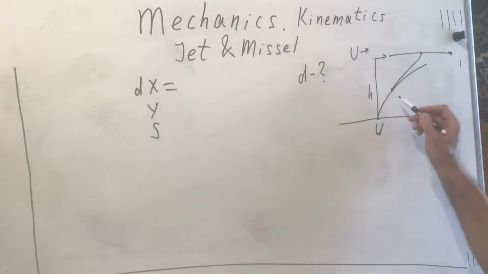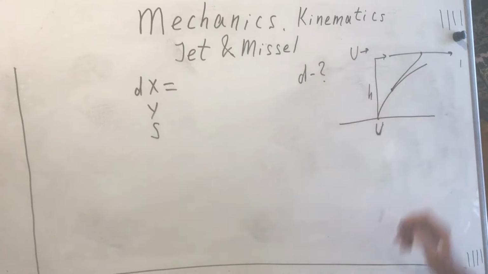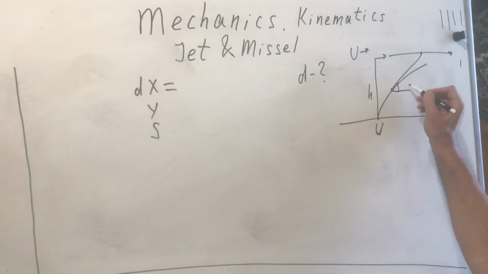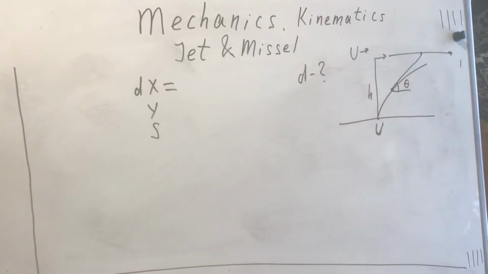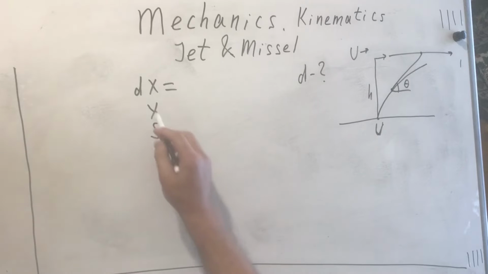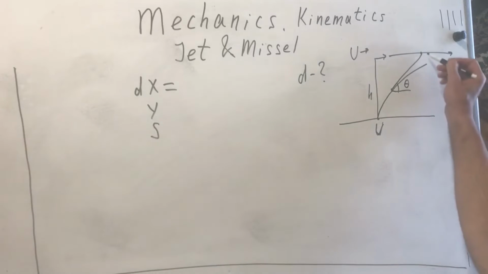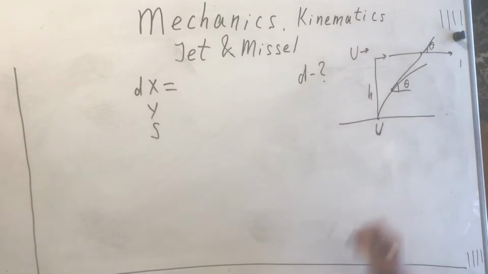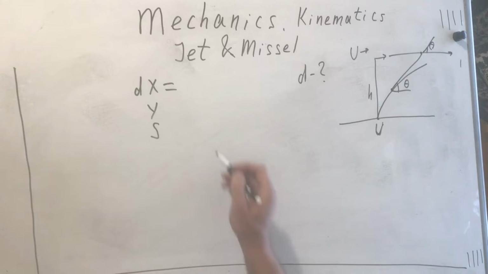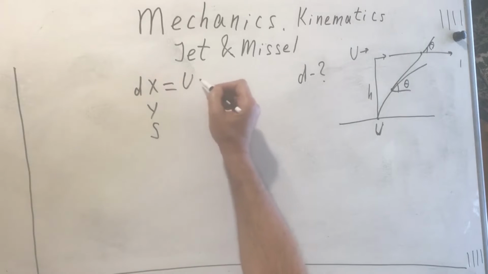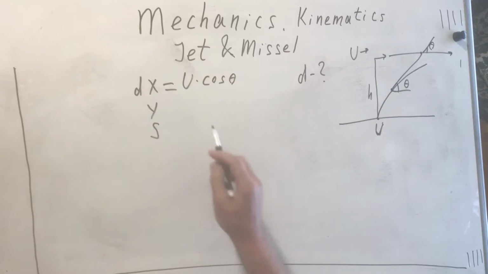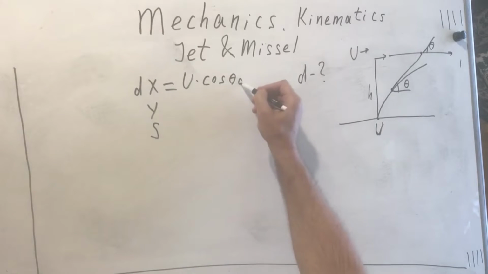This direction is a tangent to our curve, so it means that if this is angle theta, we can write that dx equals u multiplied by cosine theta multiplied by dt.